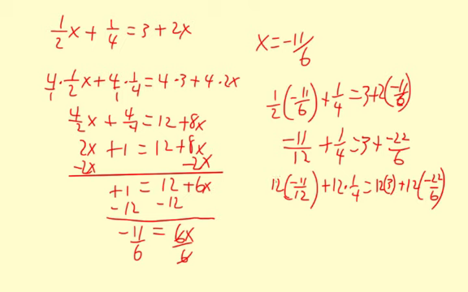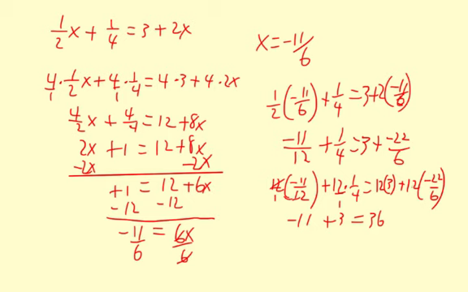Okay, so then these 12s cancel out. I can just write it as negative 11. And then 12 over 1 times 1/4, that makes 3, equals 12 times 3, which is 36.